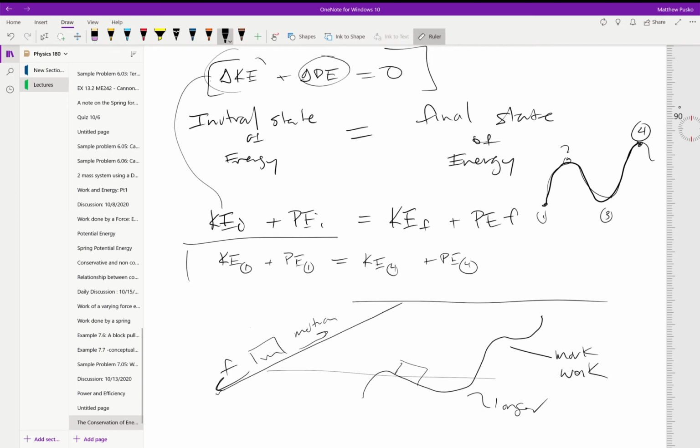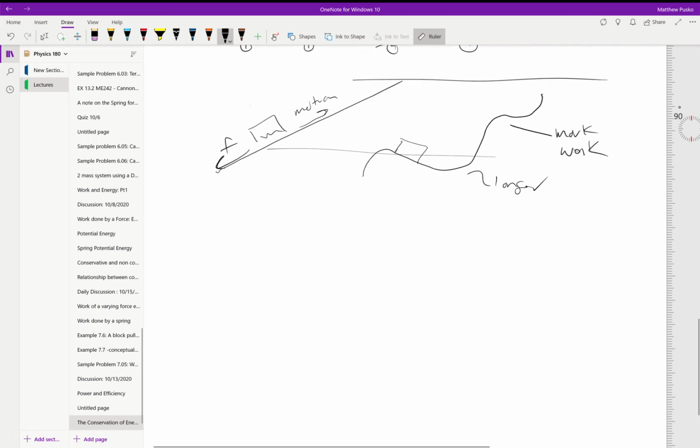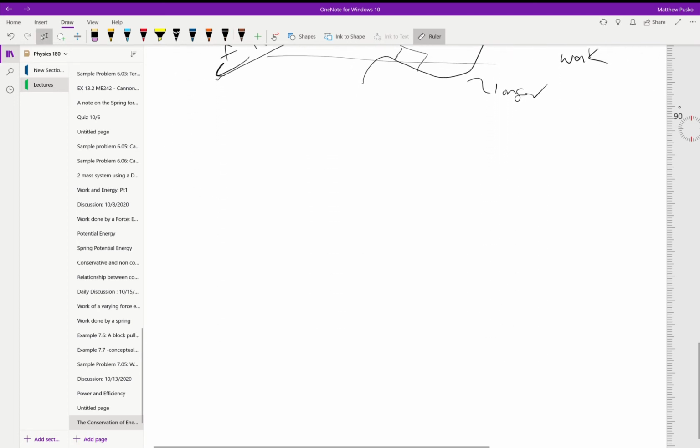But here you go. This is huge right here. Conservation of energy. And I'm going to show you a couple tricks real quick. Because what happens if you have work? What do I mean by work? What if a force is a function of S?